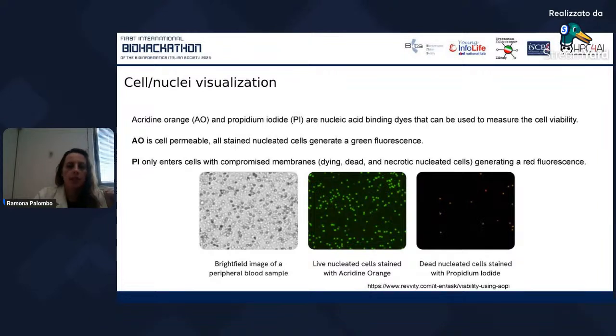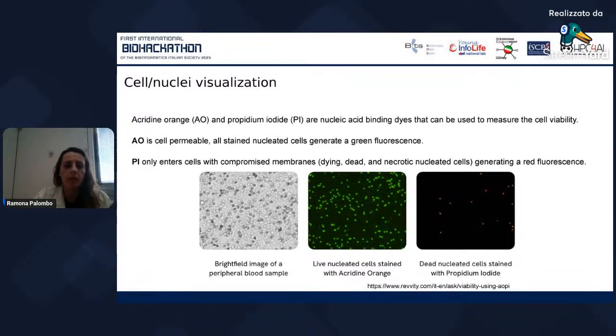For the visualization of cells that are alive or dead, I can use also a combination of different stainings. One example is acridine orange and propidium iodide, because acridine orange is cell permeable, so it can stain nuclei, and so it can generate a green fluorescence.